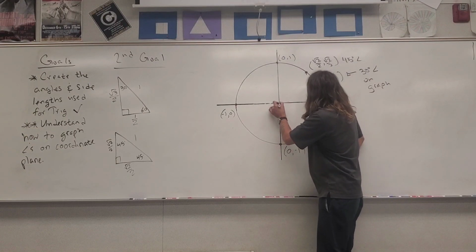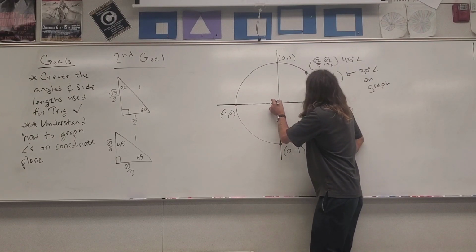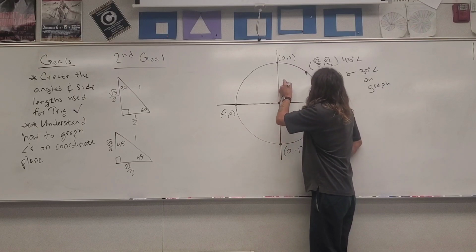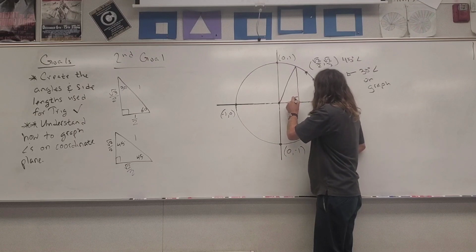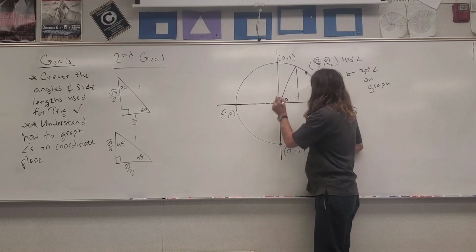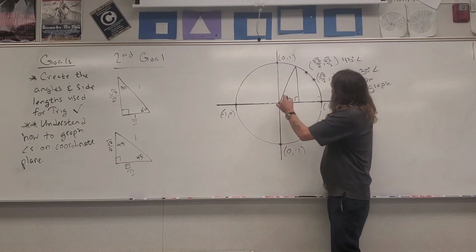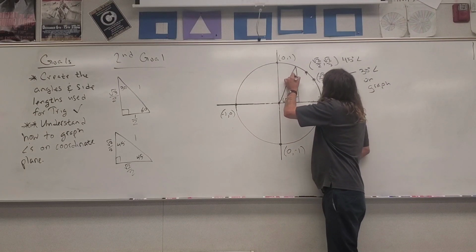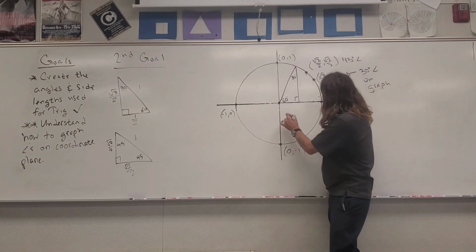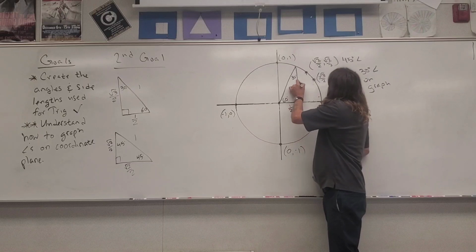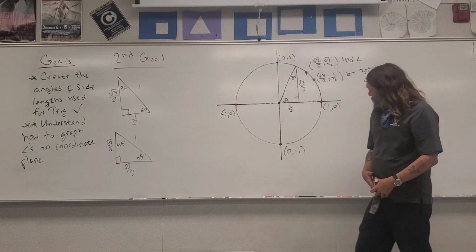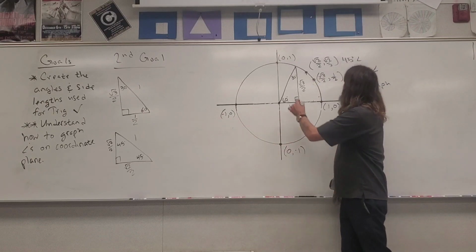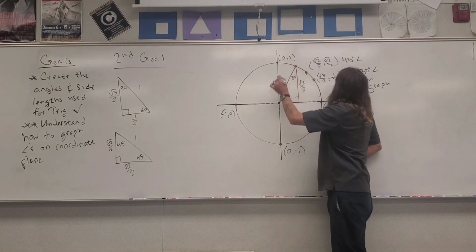So if I go like this, and I come up at 60 degrees, and I put my 30 degrees here, and I put in the side length, so I know that you're 1/2, and you're square root of 3 over 2. In order to represent a 60-degree angle on a graph, I just talk about this ordered pair.